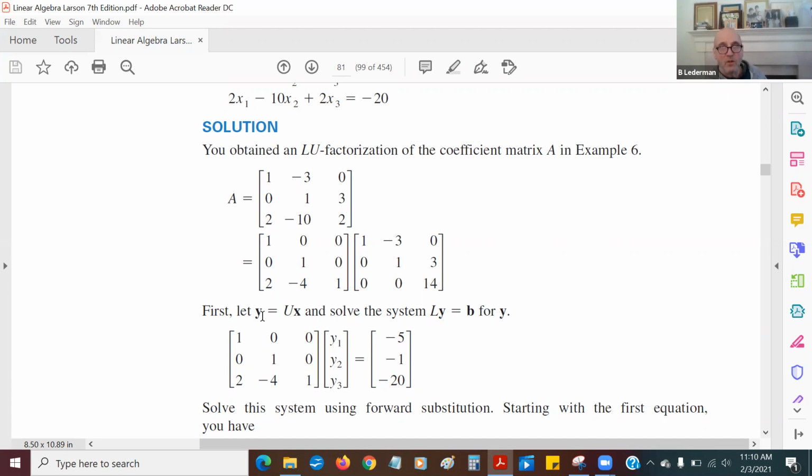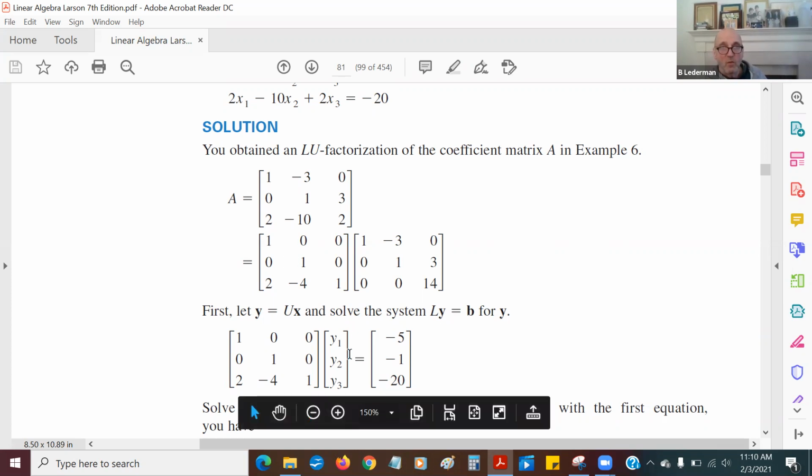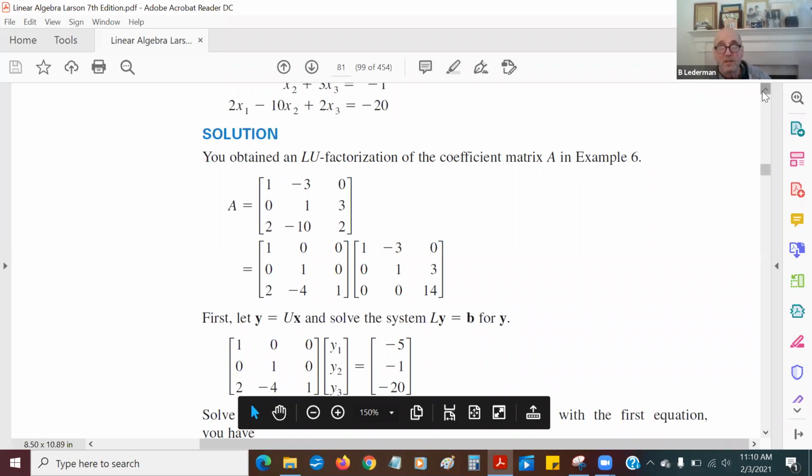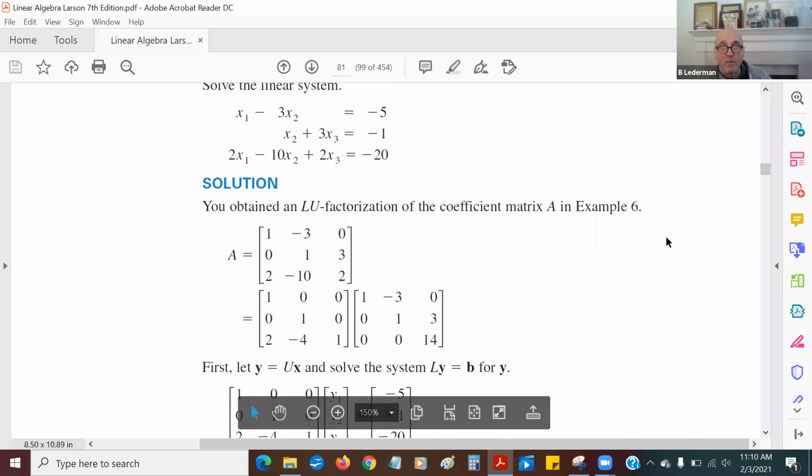Because here I have two unknowns, I don't know the x's, I don't know the y's, but here I only have one unknown, so we're going to solve the one unknown. So I'm going to take my L, multiply it by my y column, which is just these three variables, and set it equal to the constants from that equation, -5, -1, -20. It's the same constants that we had right up here on top.